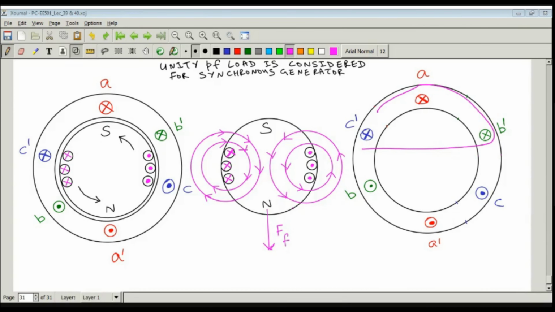This is the magnetic lines of flux due to current carried by armature winding. If you apply the right hand grip rule again, you will find that the lines of flux plot is like this for armature current IA.